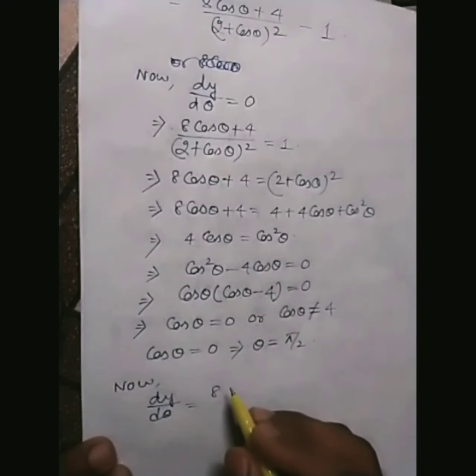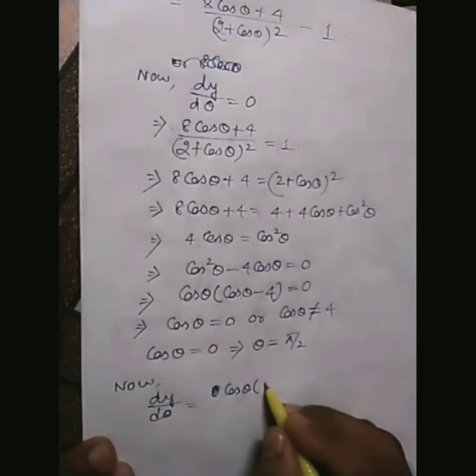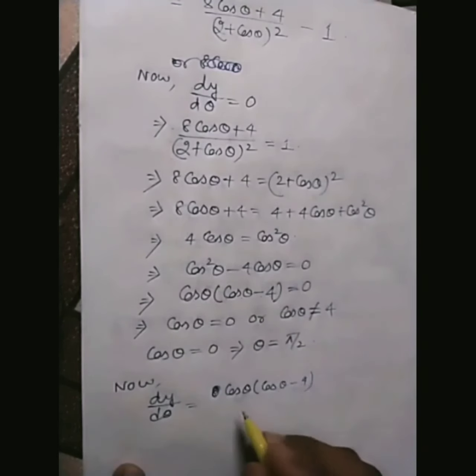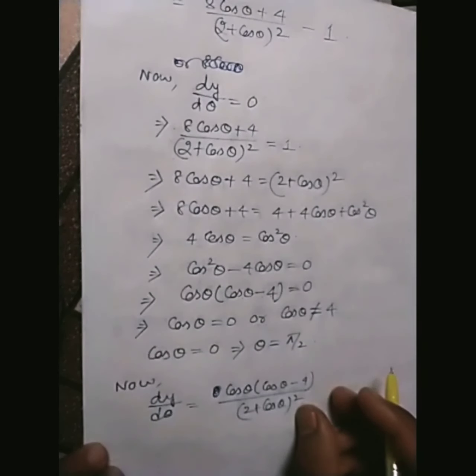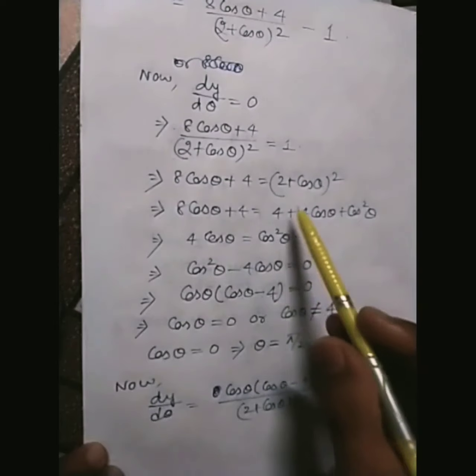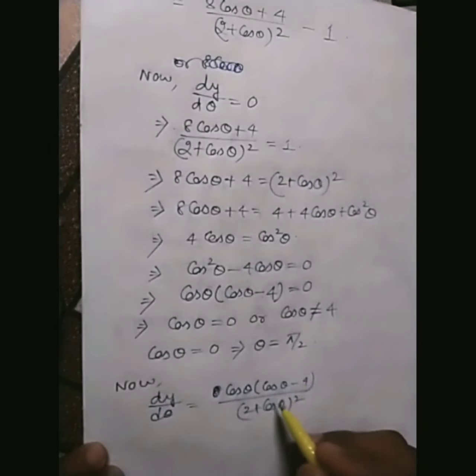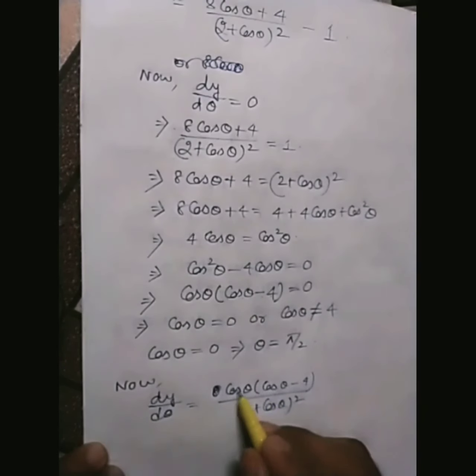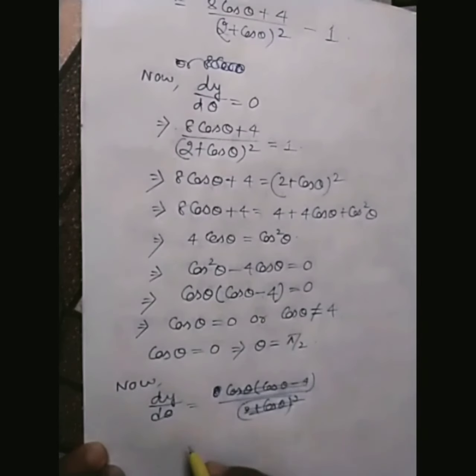So I am directly writing cos theta minus 4 divided by 2 plus cos theta whole square. You can write directly here.